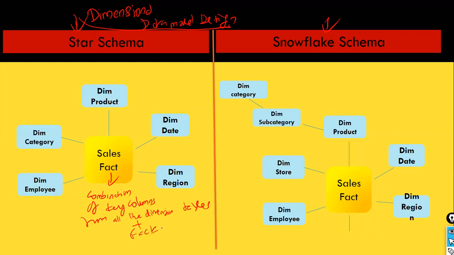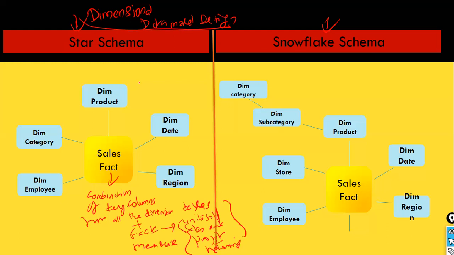What is a fact? Sales amount, units sold, profit, net margin. These are all the facts. They are numeric values, also called measures. So it is a combination of key columns from all these dimension tables.